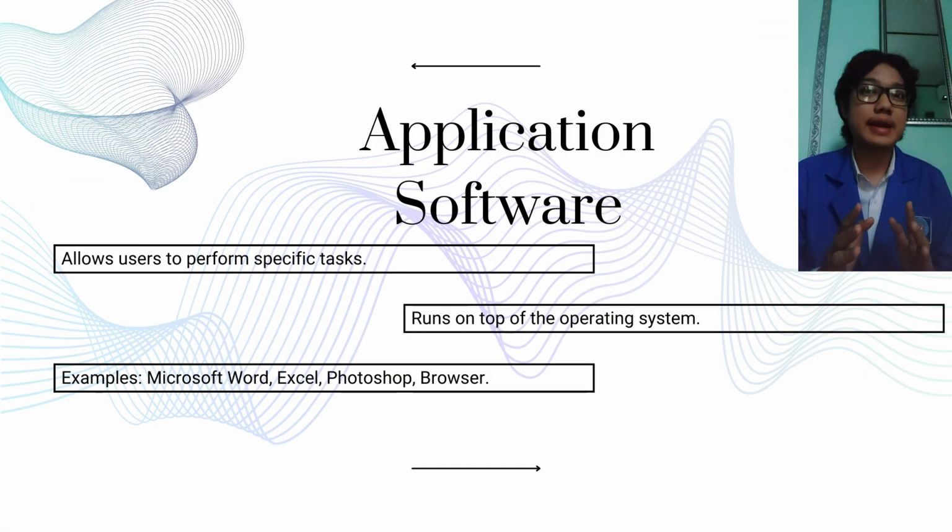Application software is the kind of program that we use for specific tasks. It runs on top of the operating system. For example, we use Microsoft Word to write documents, Excel to manage data, PowerPoint to make presentations, and Photoshop to edit pictures.